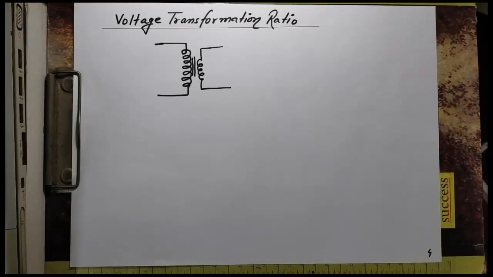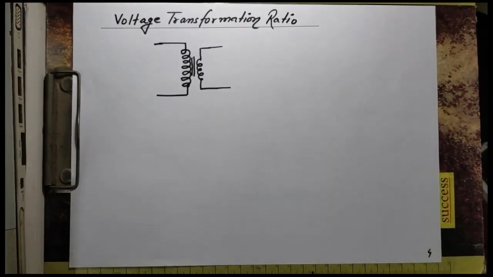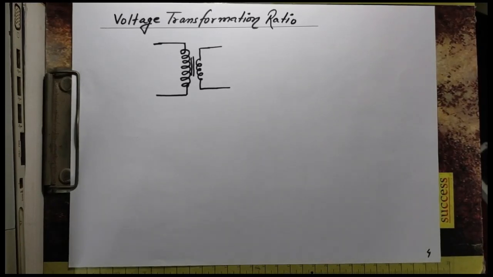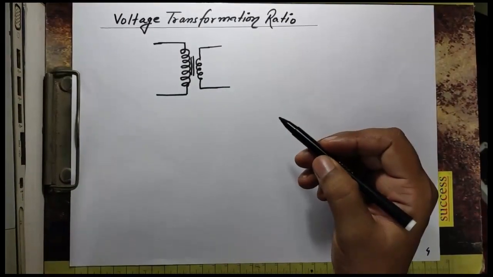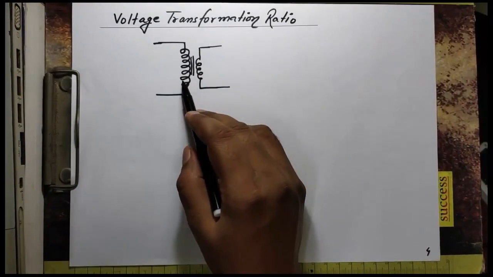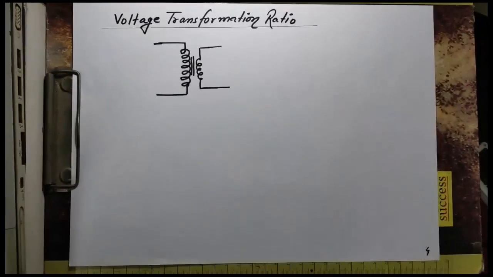Now, the voltage transformer ratio. This is the symbol for a transformer, where these two lines show the core, and this is the primary winding and this is the secondary winding. The number of turns depends on whether it is a step up or a step down, which I will explain during this session.